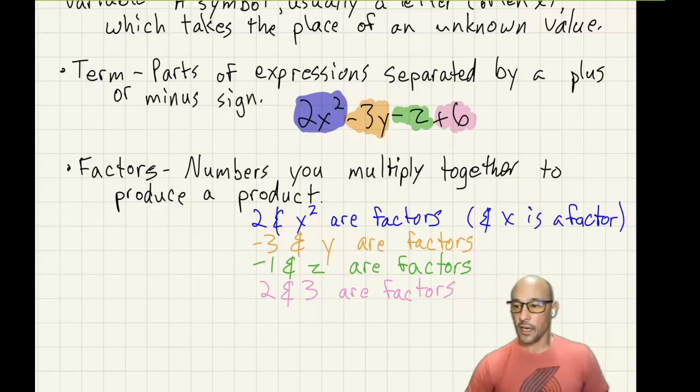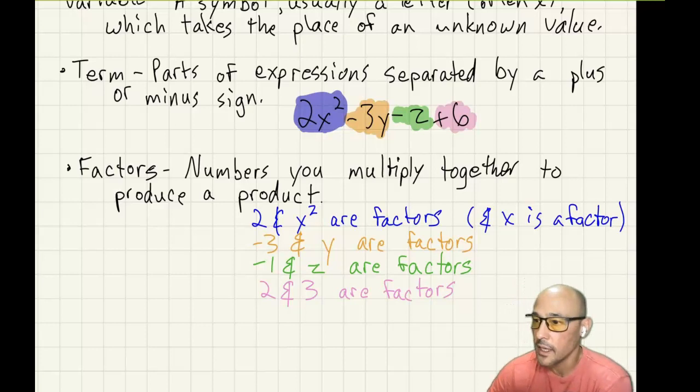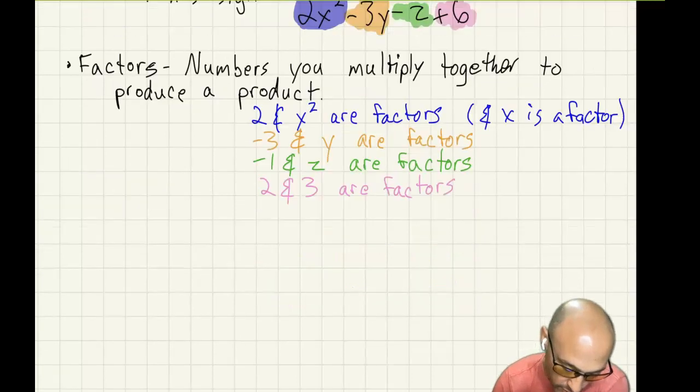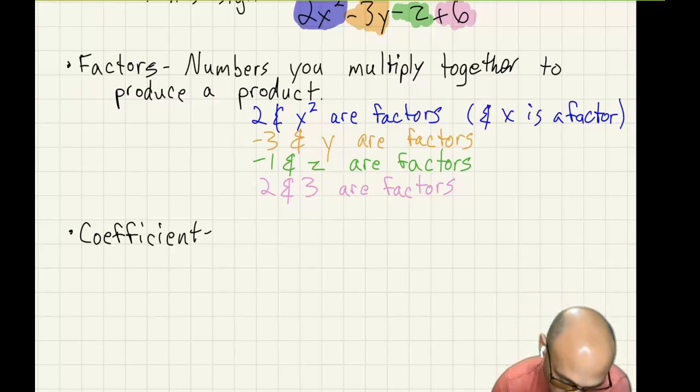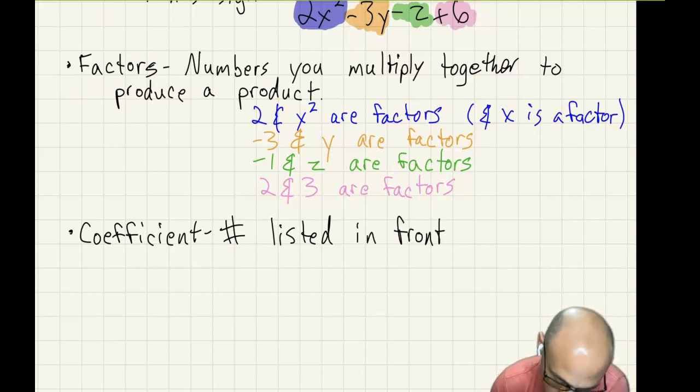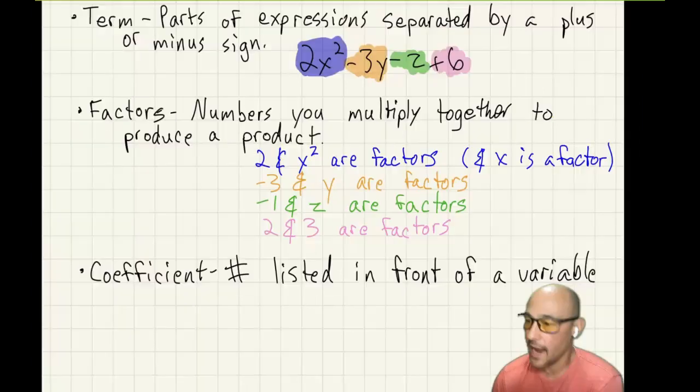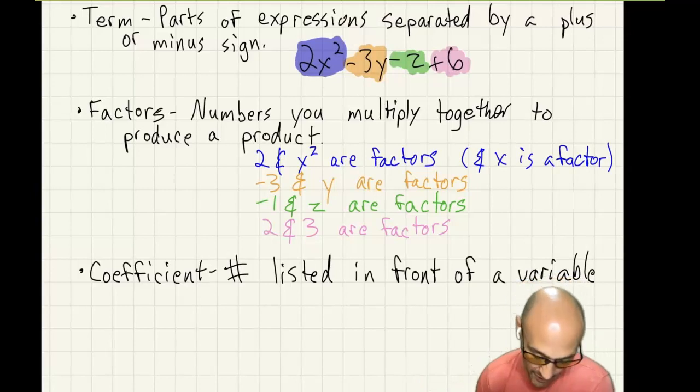The next thing we need to understand is the coefficient. A coefficient is the number listed in front of a variable. Notice that it's a factor and it's a coefficient. So up here, 2 is the coefficient, but it was also a factor.